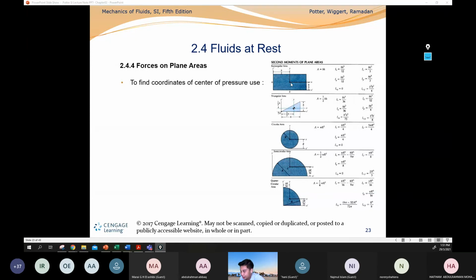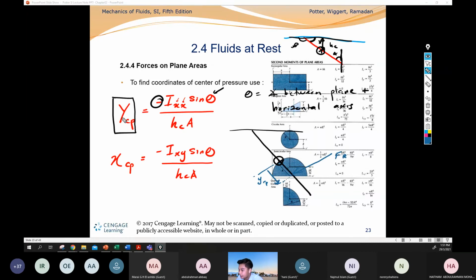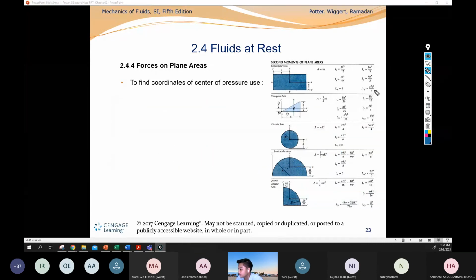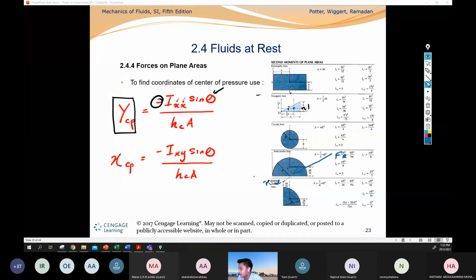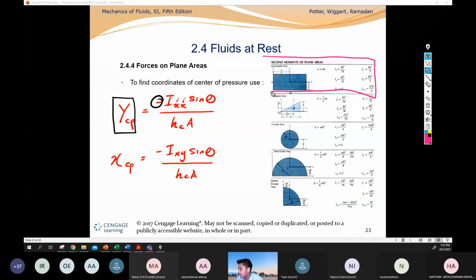If you deal with these shapes, in order to get the I_XX, let me draw here. This is how to look at I_XX. I try to focus on this part first.